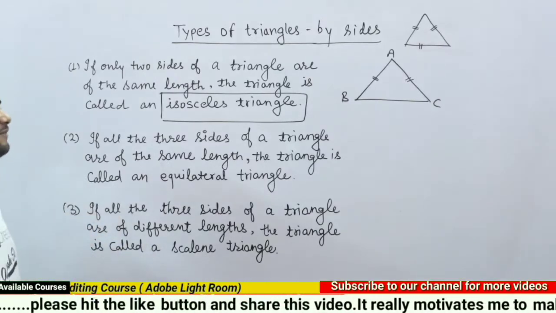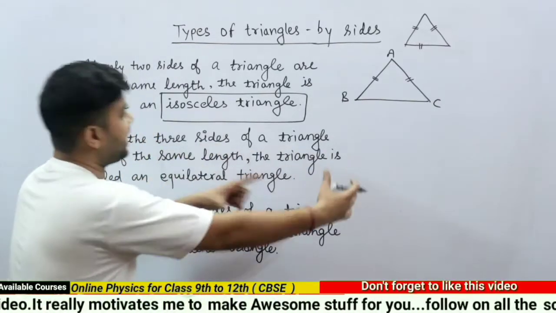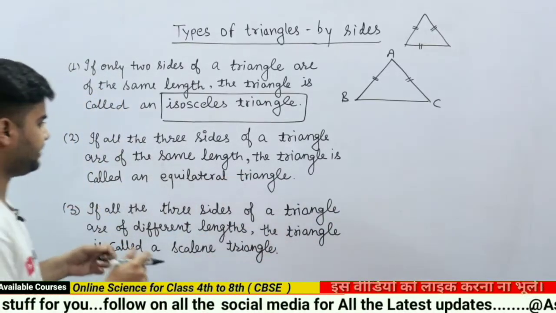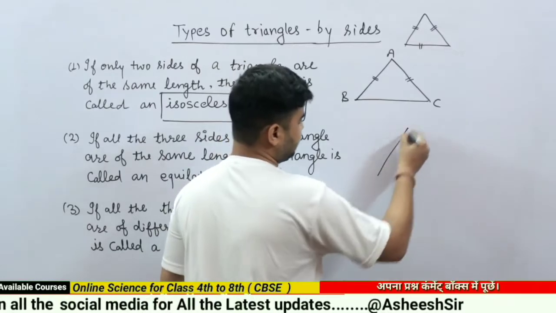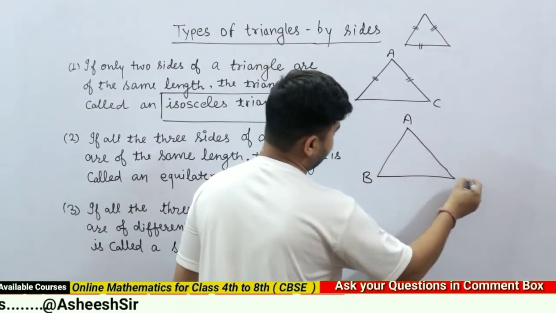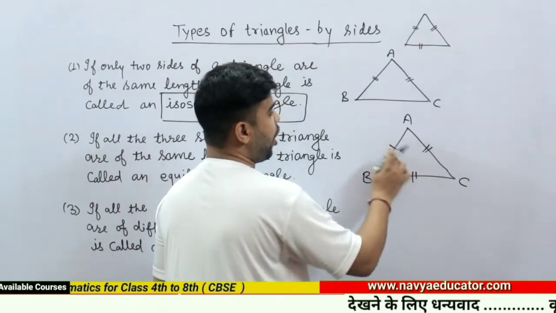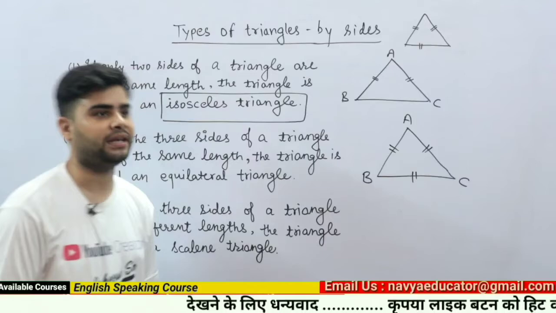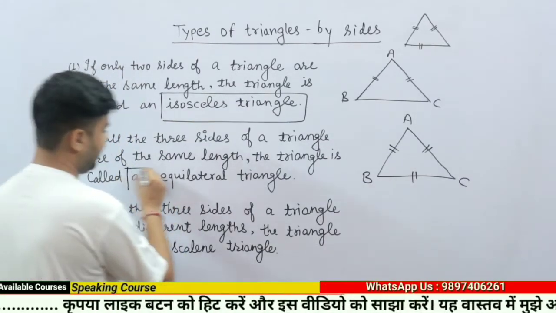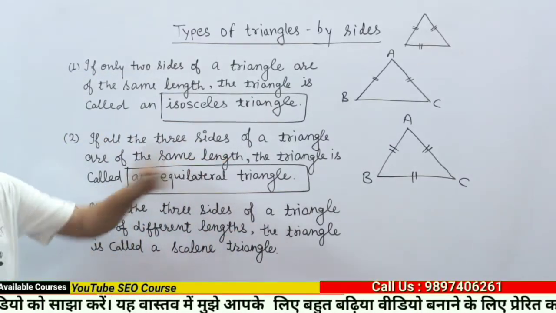Now the second type of triangle which I am discussing: if all three sides of a triangle are of the same length. It means if this is a triangle, this is A, this is B and this is C. All the lines have the same length, then this triangle will be said to be an equilateral triangle.